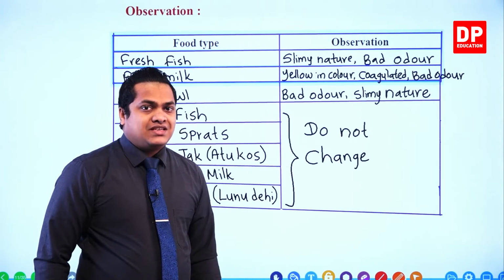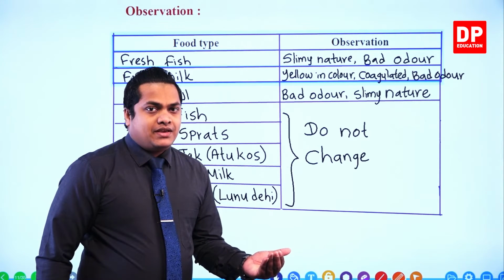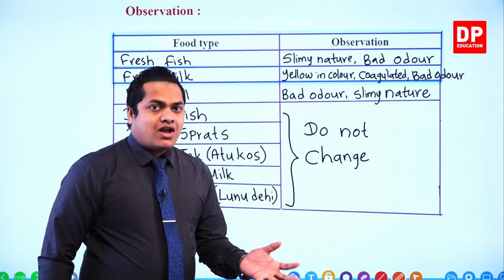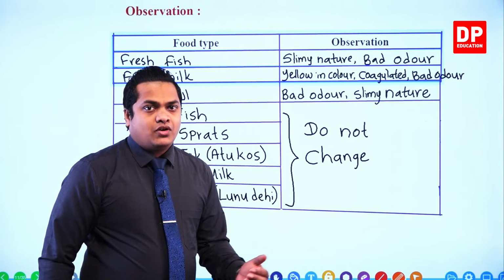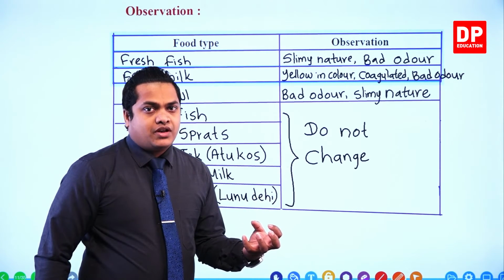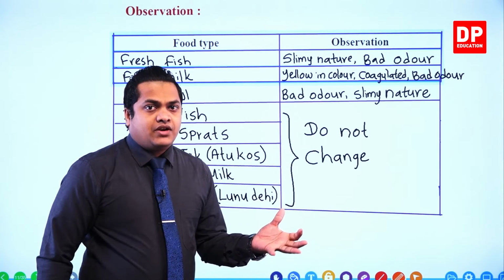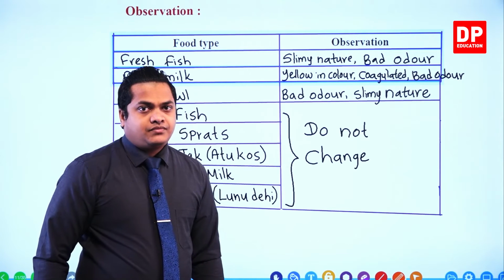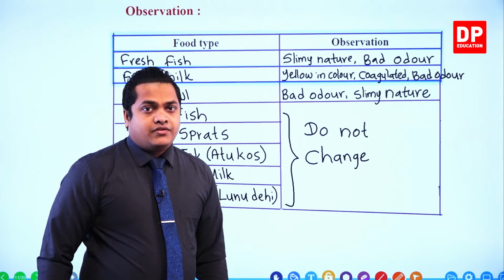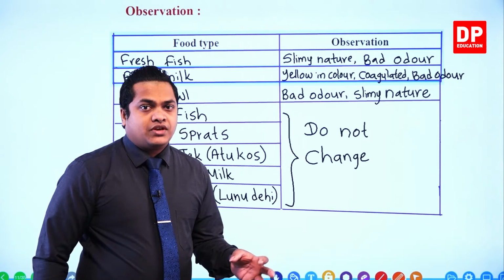Long time period means, when you compare with the time in which normal milk is going to spoil, we can keep it longer. If normal milk spoils within 2 or 3 hours, we can keep sterilized milk for about 13 to 15 hours, sometimes 2 to 3 days if you give the necessary conditions.